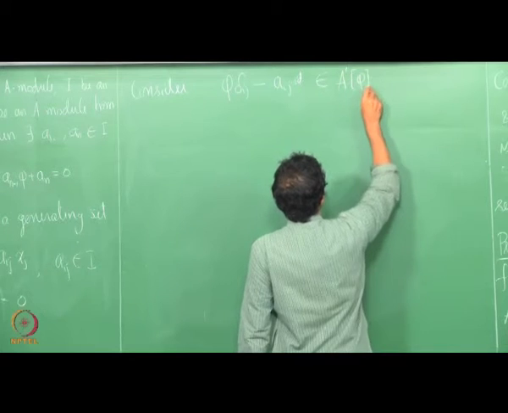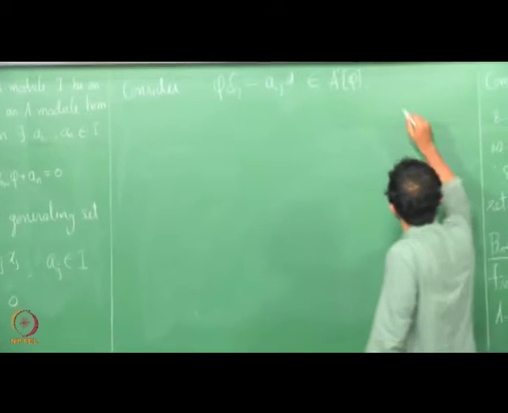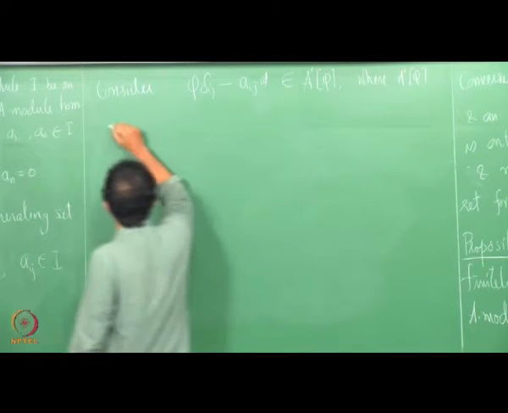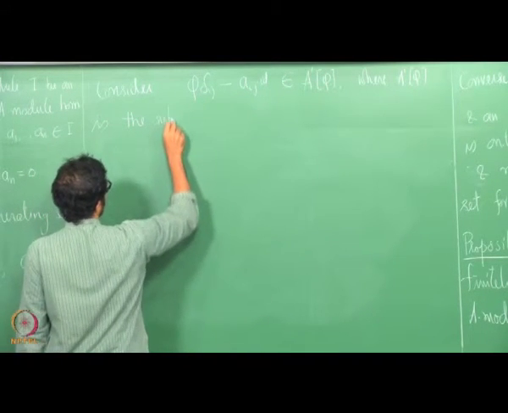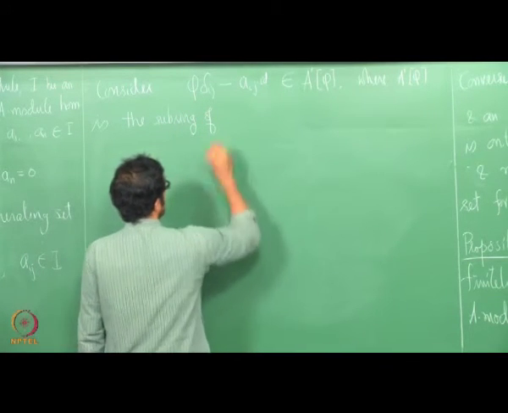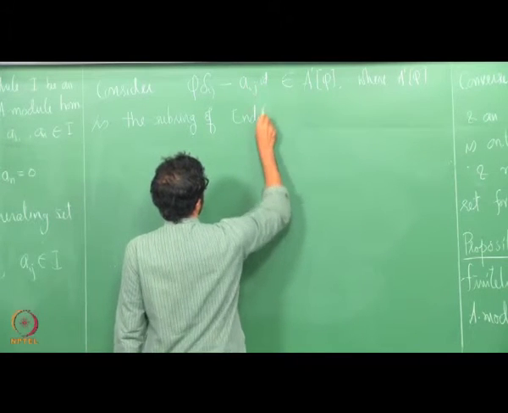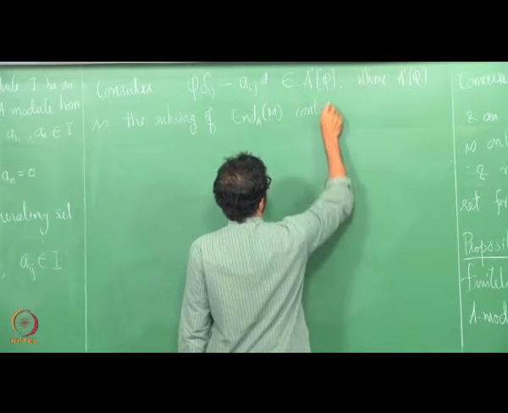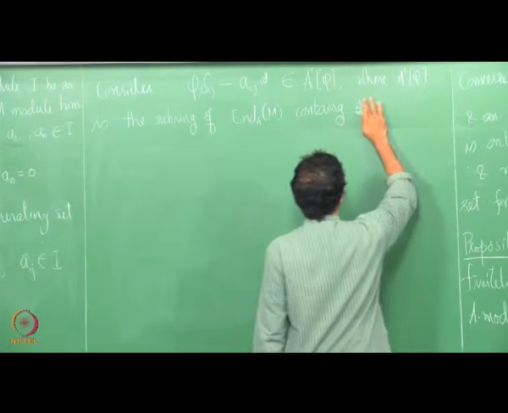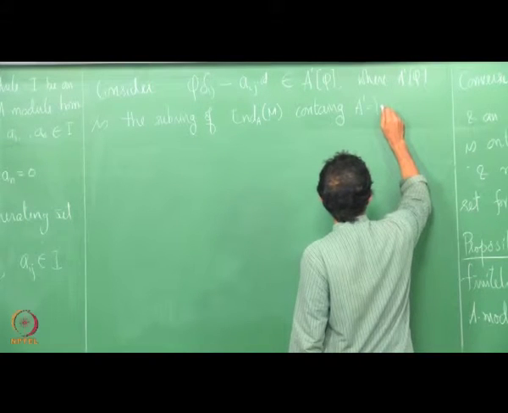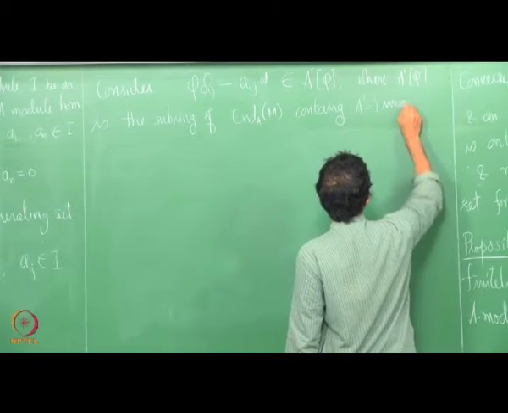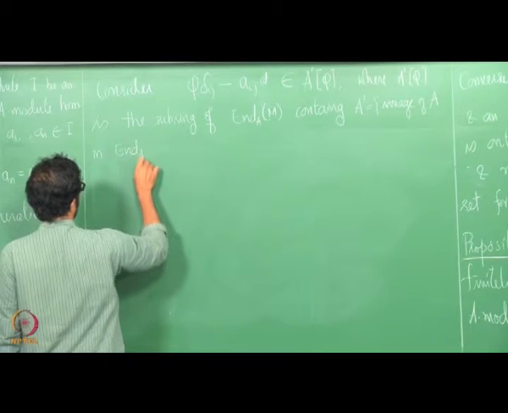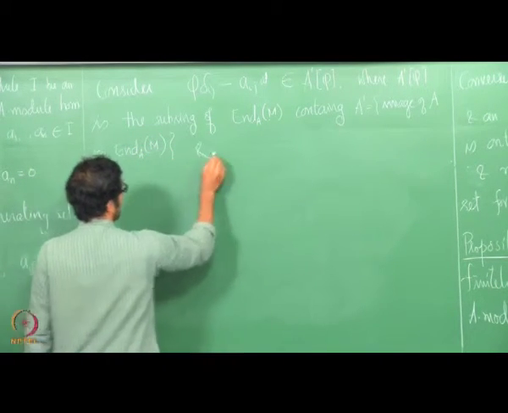A prime phi. What is A prime phi? A prime phi is the subring of the endomorphism ring containing A prime, which is the image of A in the endomorphism ring, and phi.